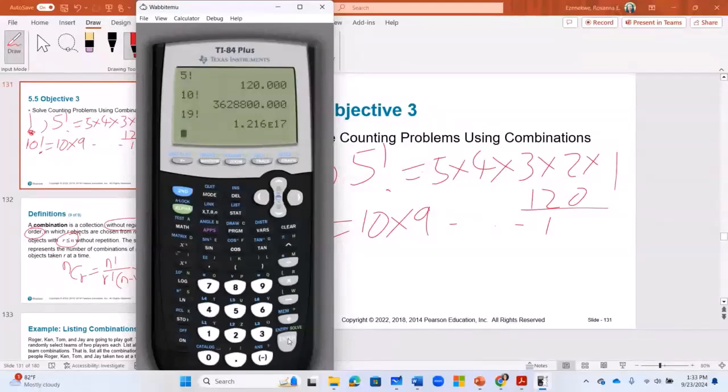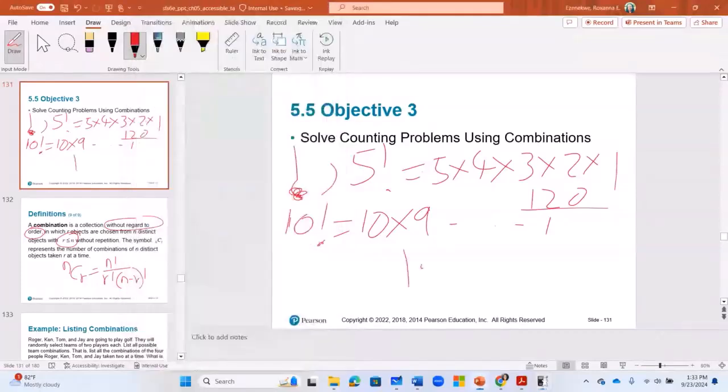Okay, let's write it in. I want you to know that this is scientific notation. So I can say 1.22 times 10 to the power 17. Why am I saying this?